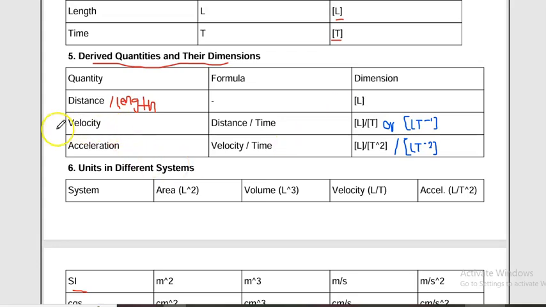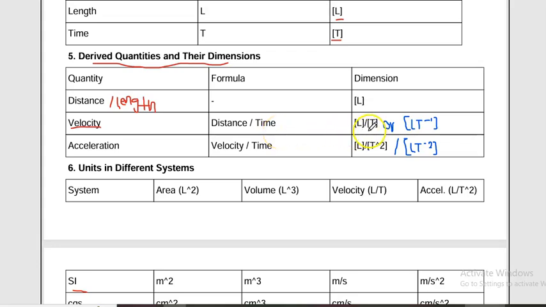Now, what are the dimensions of velocity? Yeah, this comes very interesting, whereby velocity we know is distance over time. So to find the dimensions of velocity, we have to put the dimension of distance as the numerator and the dimension of time as the denominator.